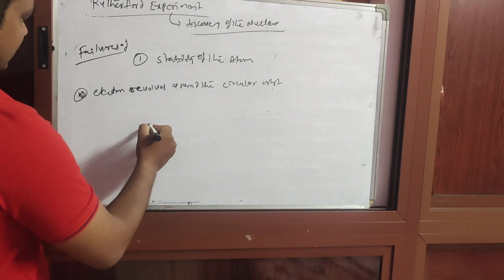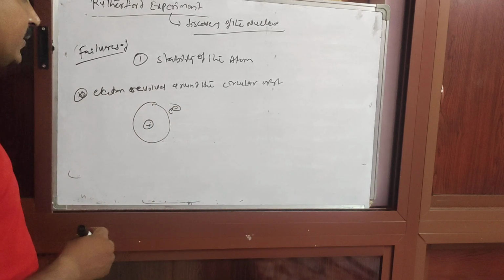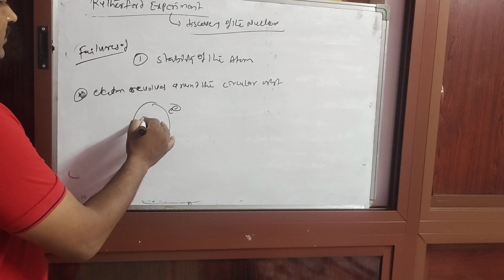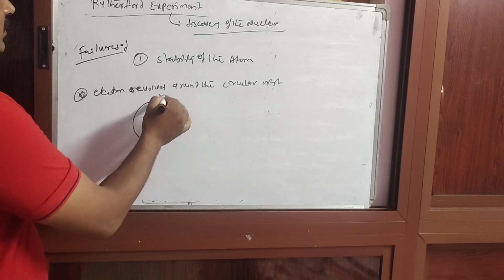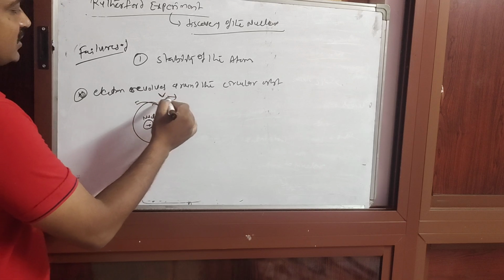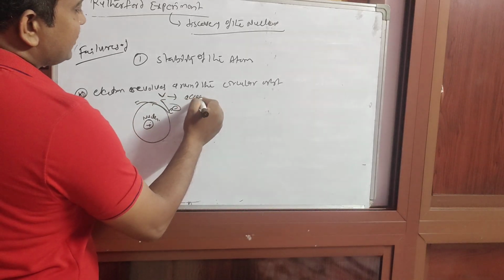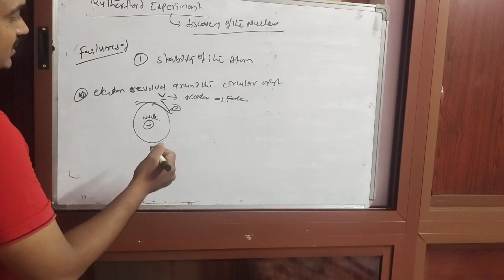If the nucleus is positive charge and the electron revolves around it, it has velocity. If the electron revolves, the direction of the velocity changes. Change of velocity means acceleration. That means there is a force.